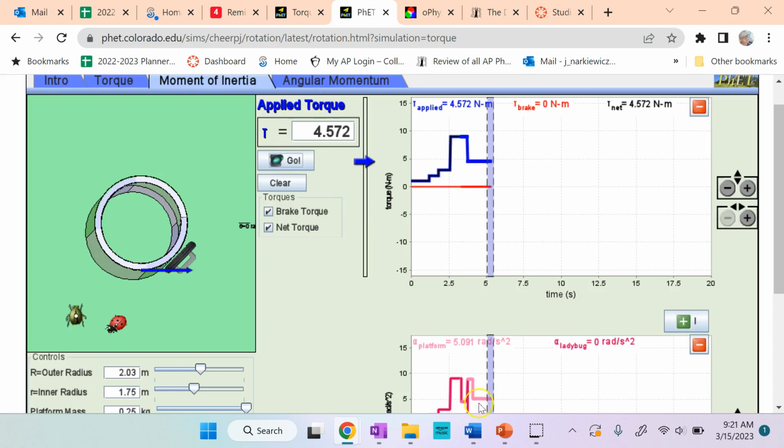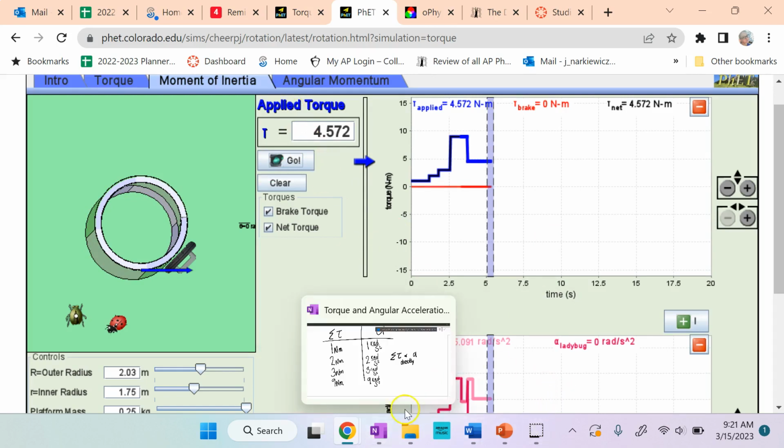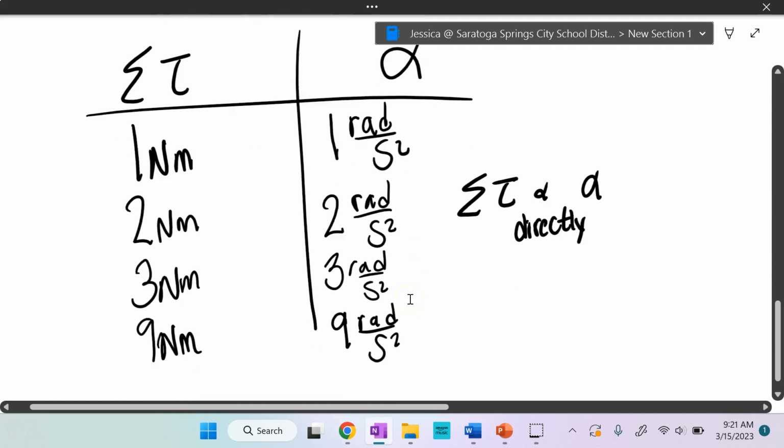What this tells me is that the angular acceleration isn't exactly equal to the torque. That was just how the numbers were set up. There must be some sort of constant that relates net torque and acceleration.